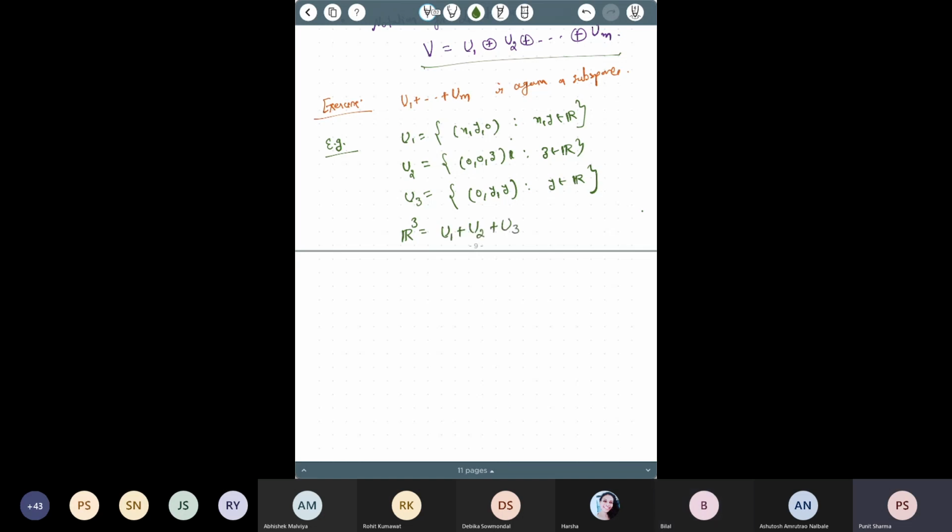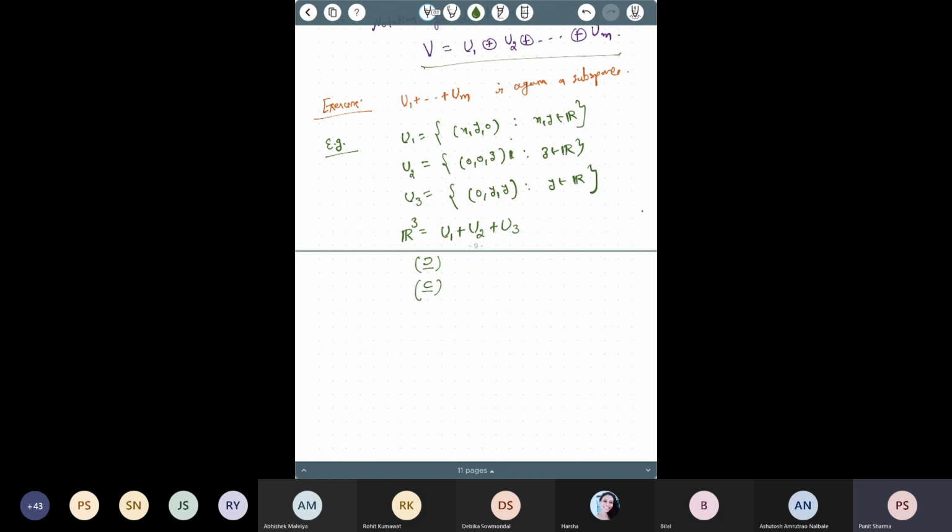Now you see here, if you want to prove that R3 is equal to this, what you have to show? You have to show both side inclusion, right? This and this. Then only you can see. Now the one side inclusion is very straightforward, that u1, u2, u3 are subspaces of R3, and because of this exercise, their sum is also a subspace.